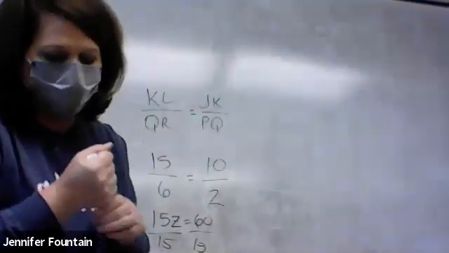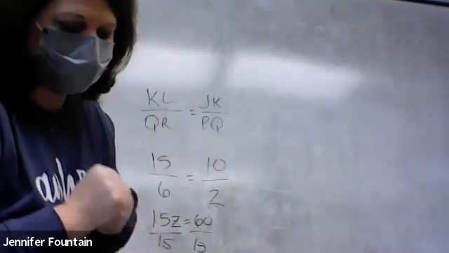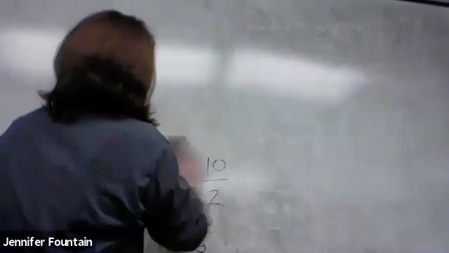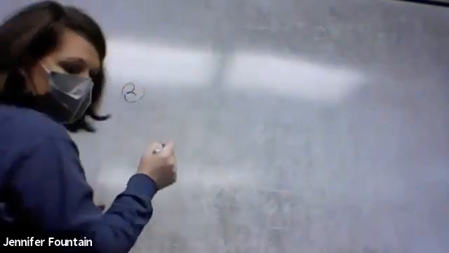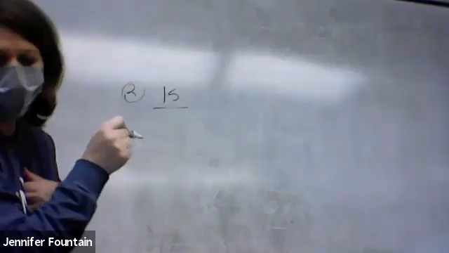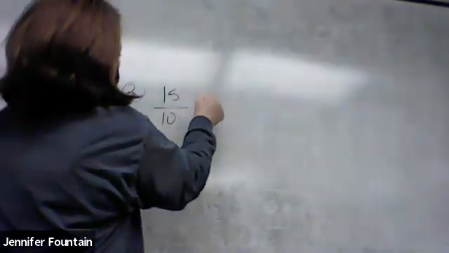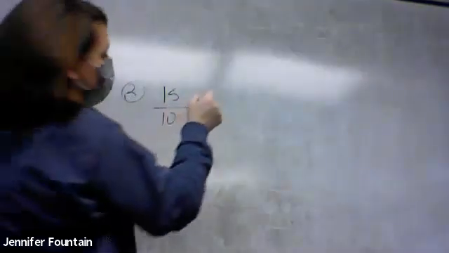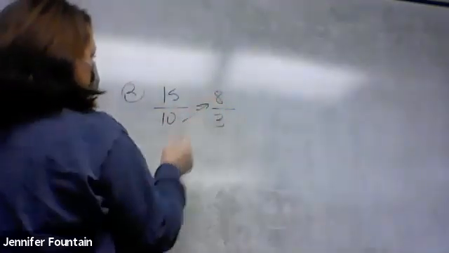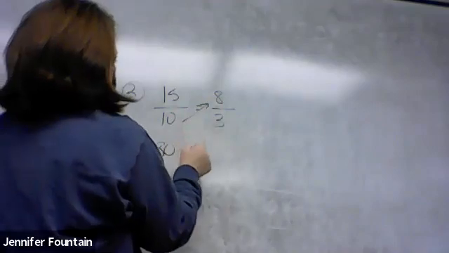With figure 1, what side corresponds with my side measure of 15? 3 out of 10. Okay, so in number 2, my first side is 15, and we said that the side that corresponds with that is 10. What is the side that corresponds with 8? 3.